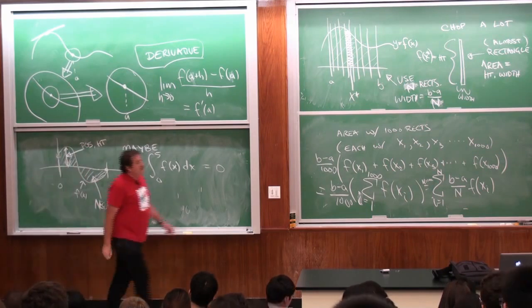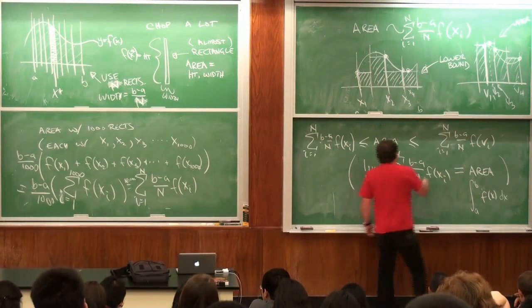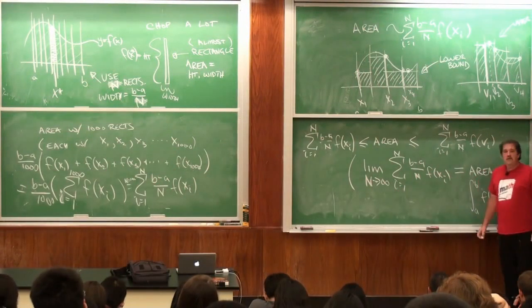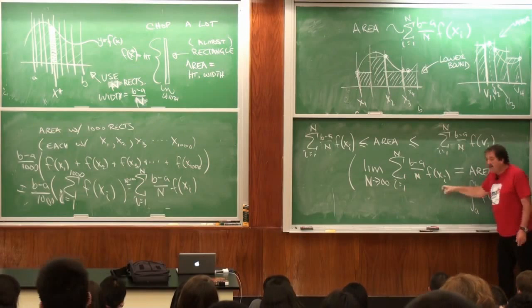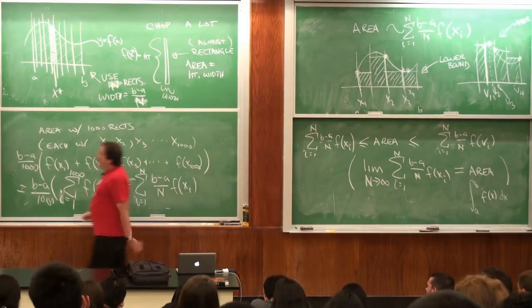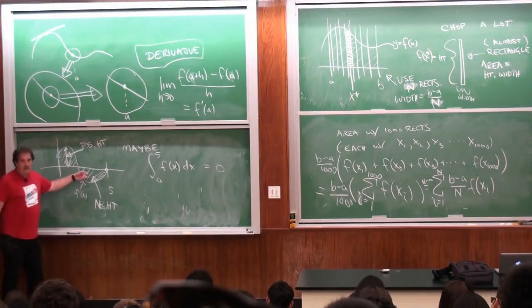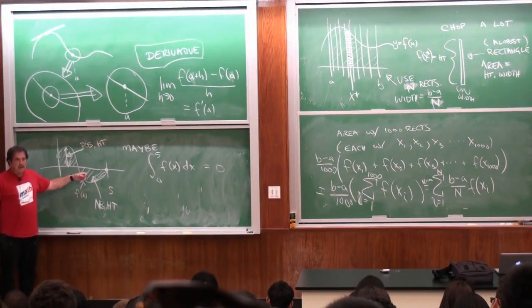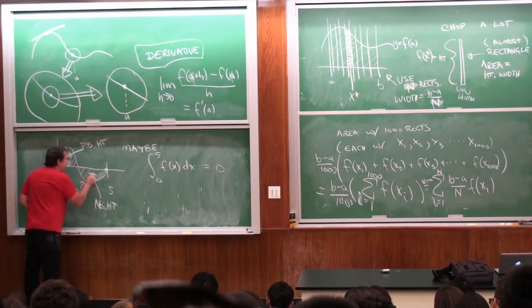Because the formula does not say take the absolute value of the function, which is the distance from the graph to the axis, but just take the value of the function. So if we wanted area, we have to change the sign here. But if we want integral, then we think of this as negative.